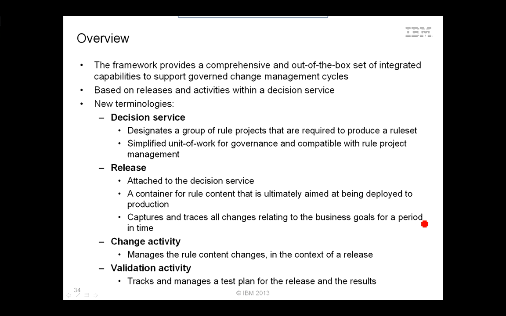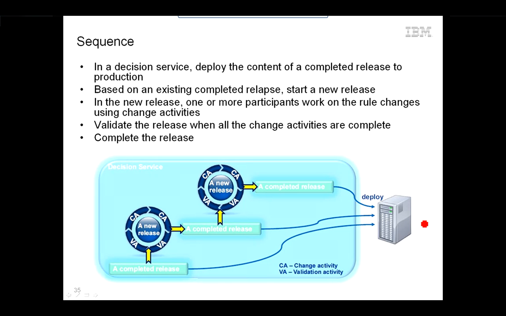So decision service is one of the terms, and I will show you how to create a decision service and a release. You create a release with any release name you need, with a code name, whatever. This is basically like a software release name.